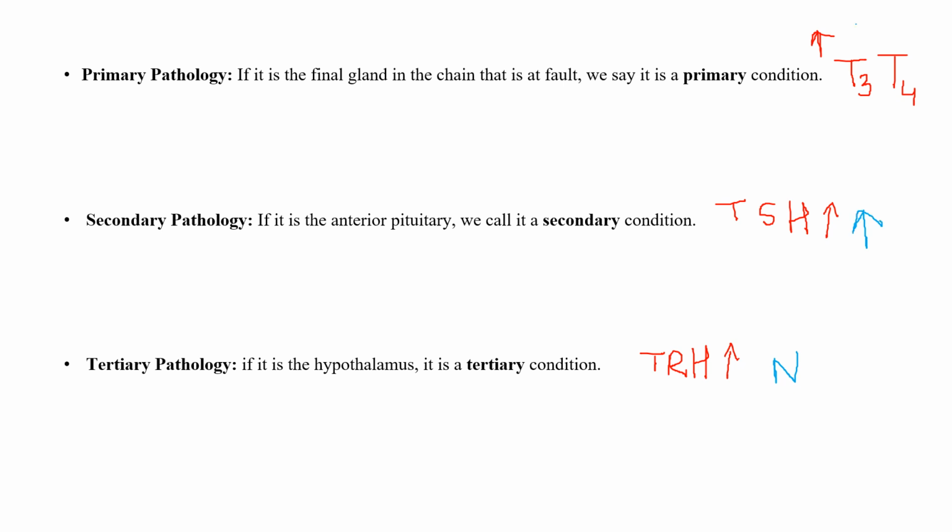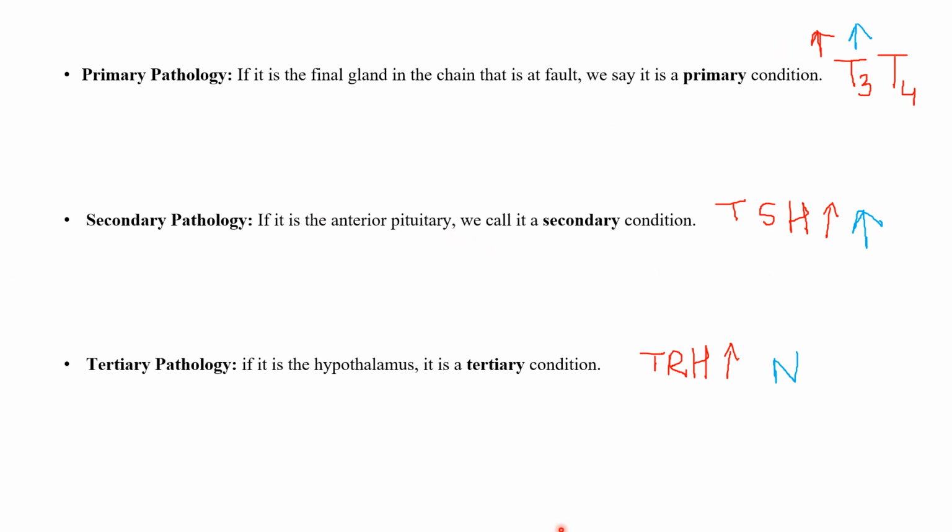As a result, T3, T4 is increased. So now this is the picture when we get thyroid profile done. So we will see that TRH is normal, it is not raised. TSH is raised and T3 is raised. So we will say that this seems to be secondary pathology, that the anterior pituitary seems to be the problem.